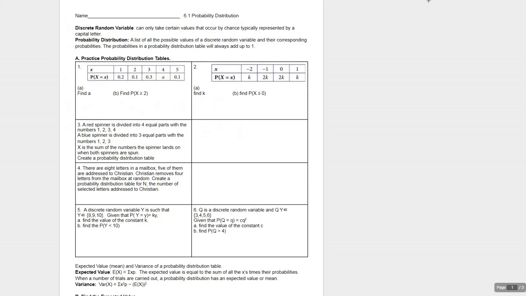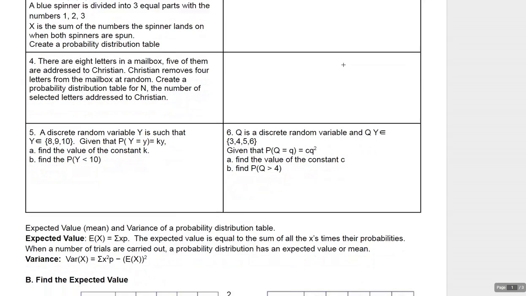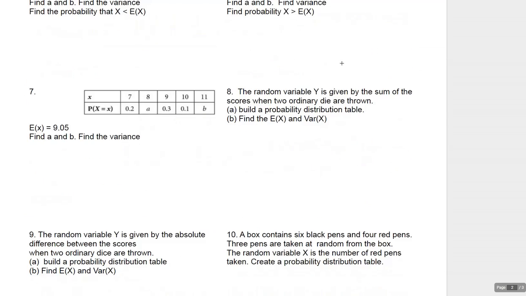Did you add them up, or what did you do for number 8? So you wrote 1, 2, 3, 4, 5, 6 and 1, 2, 3, 4, 5, 6, and then what did you put in the middle? Just the sums. All right, that's good.